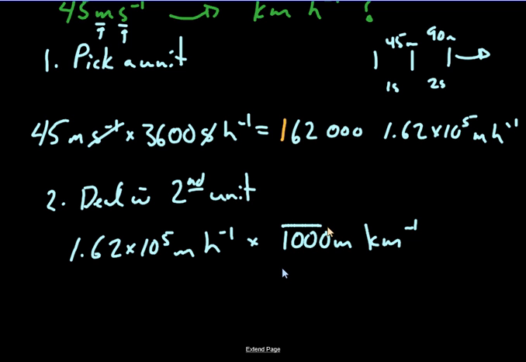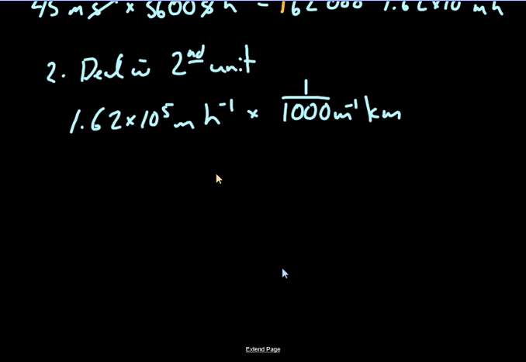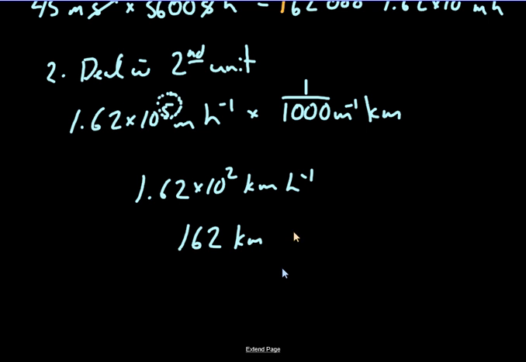So we actually have to do our inverting here. We have to change our signs. That one we can just get rid of. And the nice thing about scientific notation here is if we're dividing by 1,000, we just drop this number 3 times, or 162 kilometers per hour.